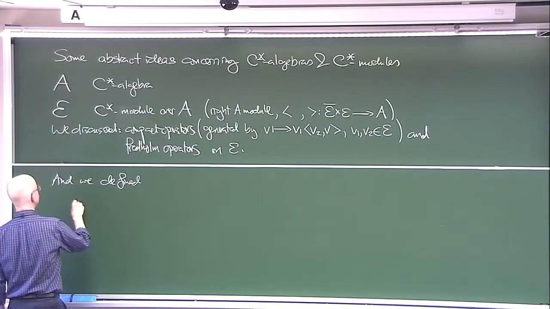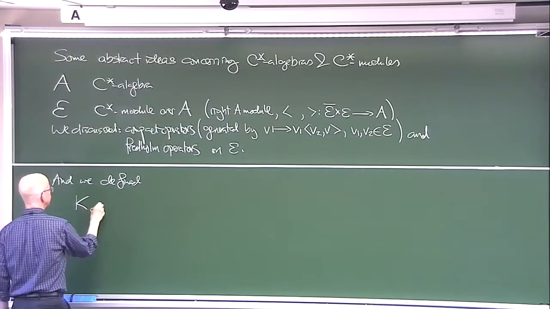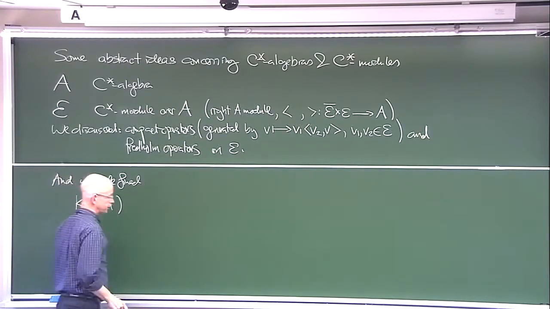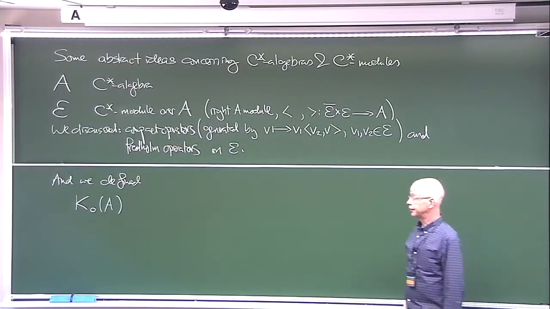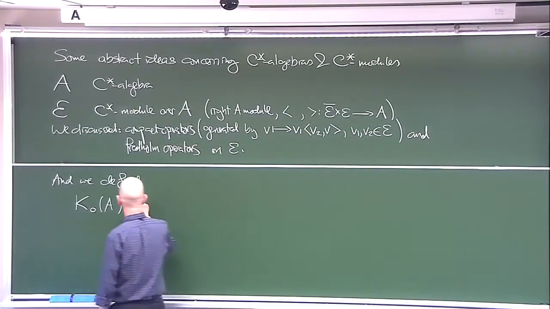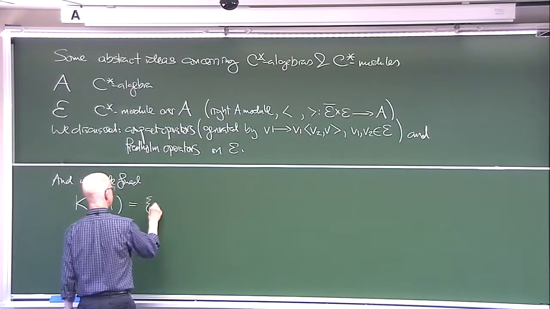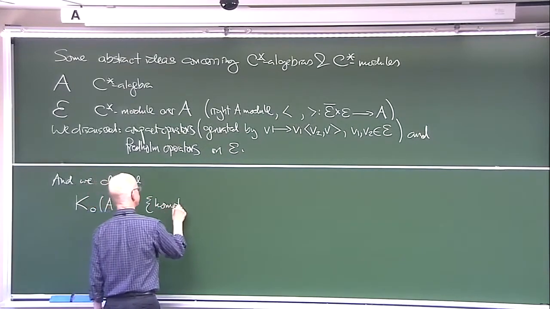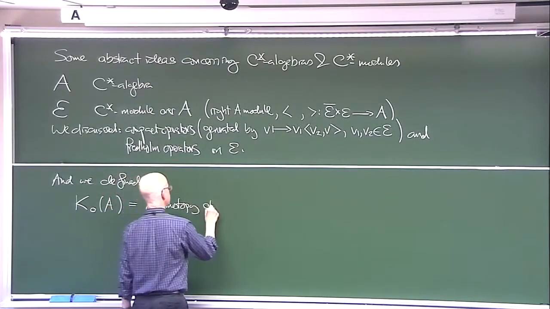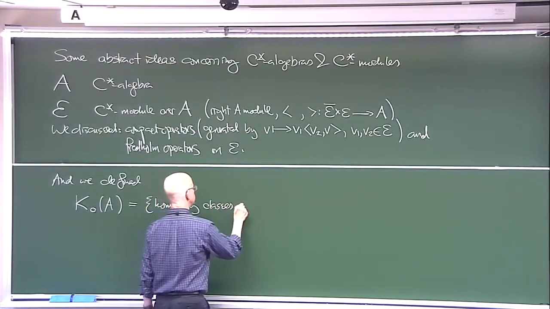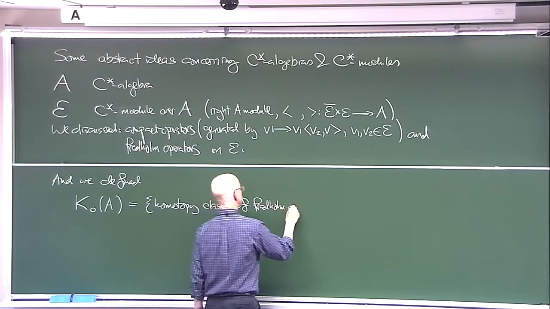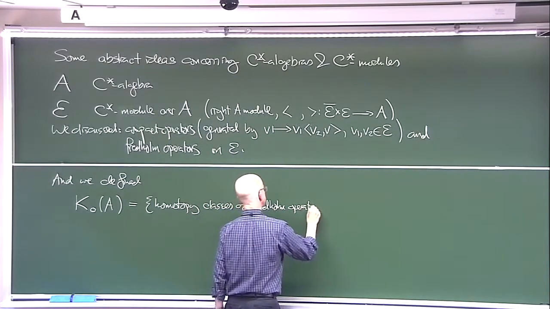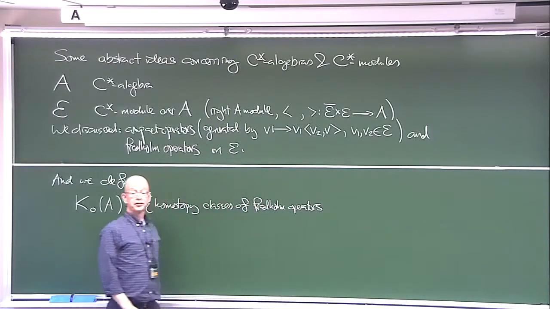So we defined the K-theory group of A. I'm going to concentrate on what's called K0 of A, and it's just the set of homotopy classes of Fredholm operators on which module?